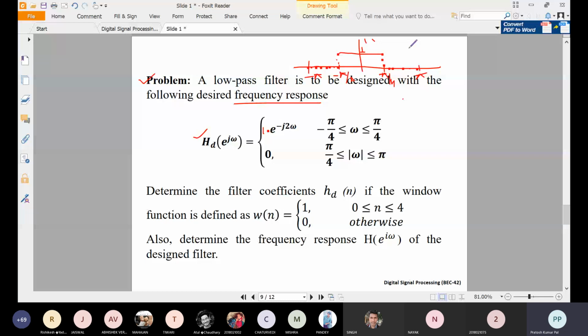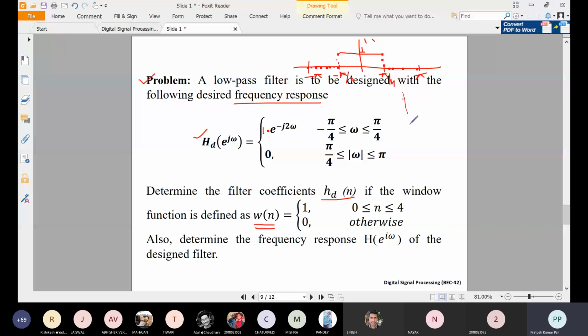Okay, so first the question is going to ask: determine the filter coefficient hd of n. So we need to find out hd of n. The window function is defined here. So this is how the window function is defined: for n ranging from 0 to 4, it is 1.